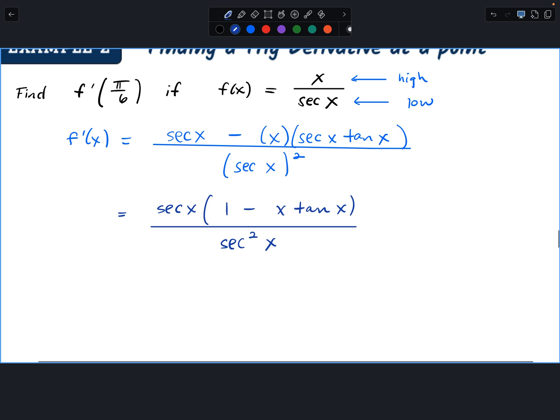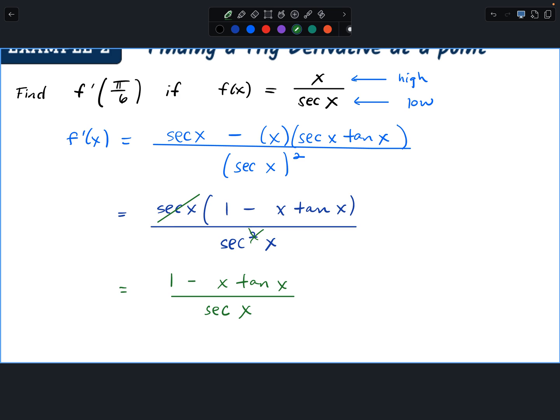And then one of these secants will cancel with one of these secants. So I'm left with 1 minus x tangent of x all over secant of x. Okay, is everybody cool with that? All right, that's a derivative.